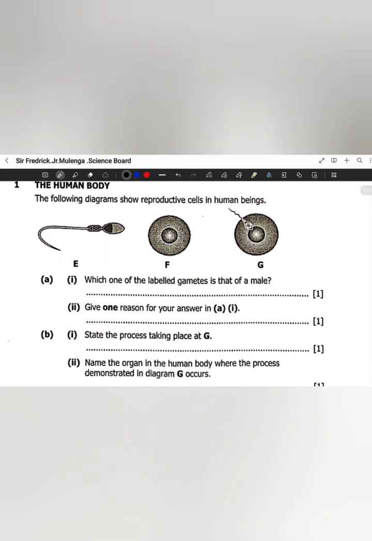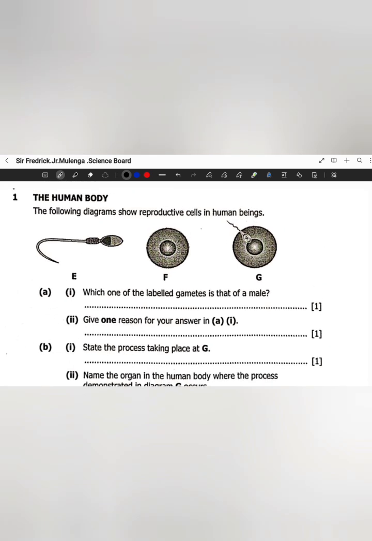All right. If you could see, we have this paper which I extracted from certain past papers, and you've written this before in your tests. The following diagram shows reproductive cells in human beings. Which of the labeled gametes is that of a male?